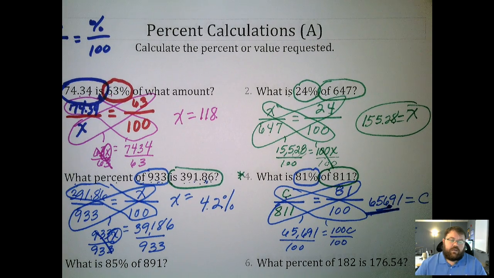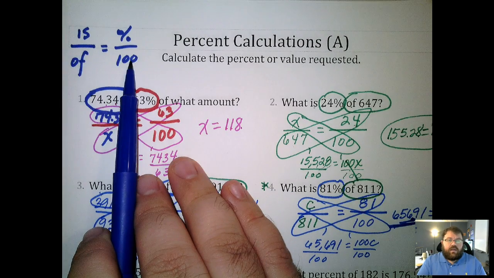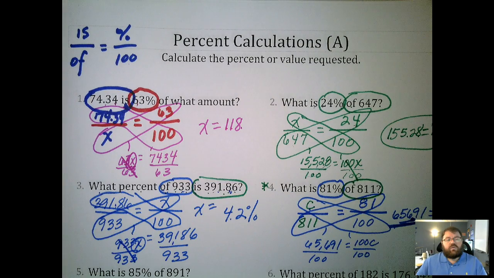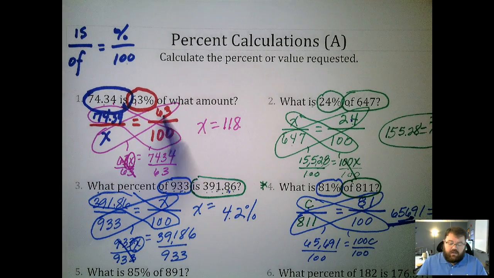Okay? Remember, always start off by saying line is equal to line. Go ahead and put in your constant. Your constant is always going to be the 100. The next thing you want to look for is, does your problem have a percent? And if it does, go ahead and substitute the percent as I did here, here, and here.